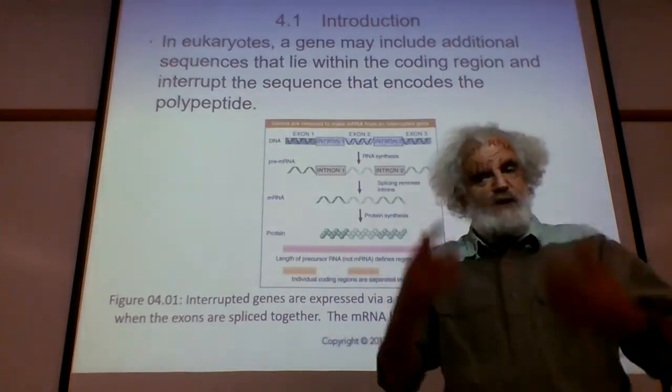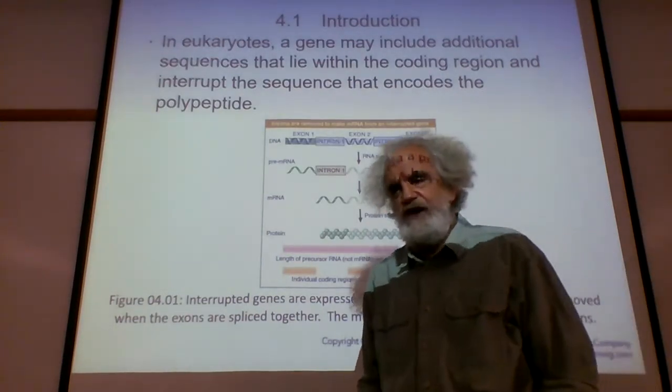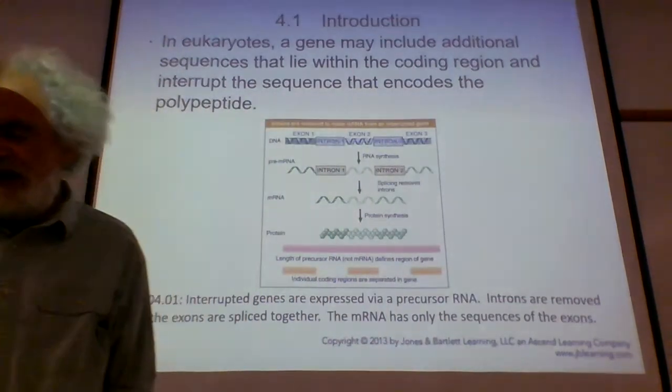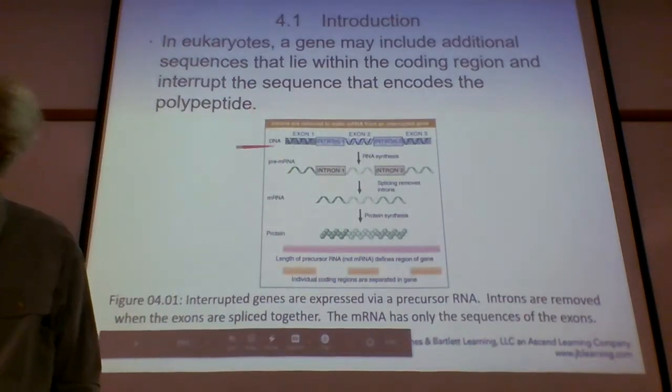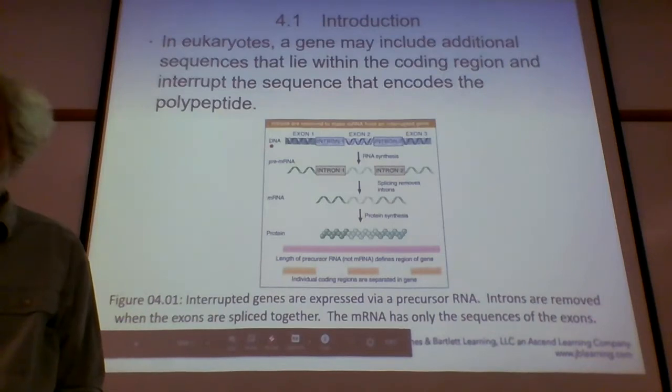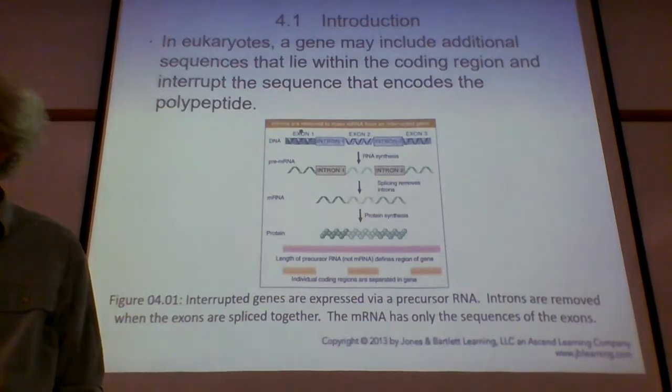Let's go ahead and see what we can make from this. Here is a cartoon of a piece of genome, and we've got exon 1, intron, exon 2, intron, exon 3. The RNA synthesis is going to generate a very long RNA, what we can think of as the pre-messenger RNA.